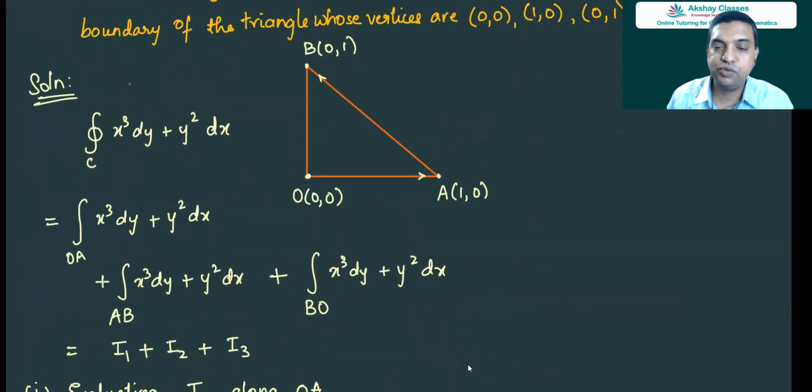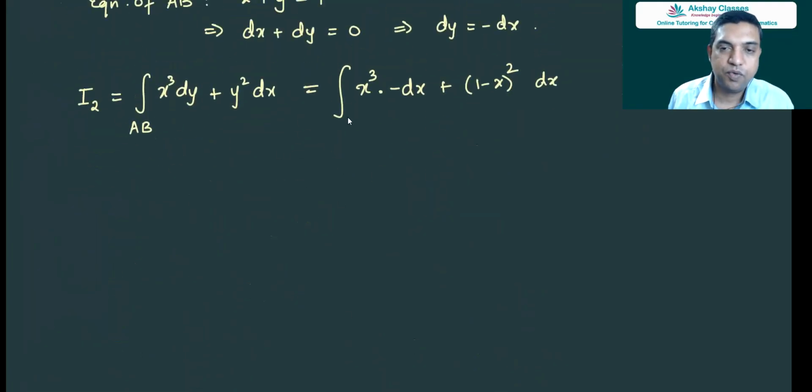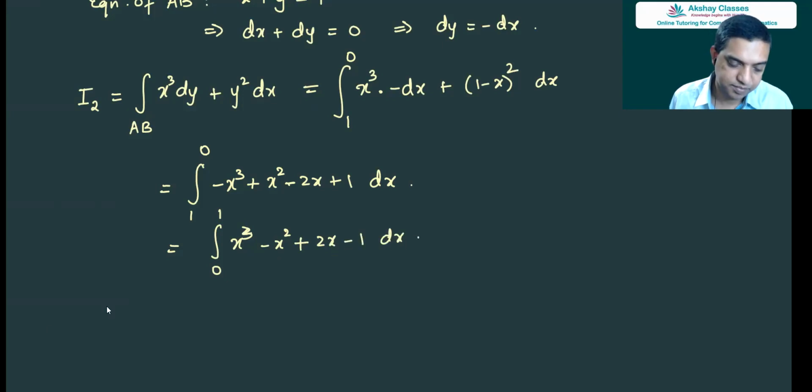So from 1 to 0, minus x cube plus x square minus 2x plus 1 dx. Interchange the limit, 0 to 1, x cube minus x square plus 2x minus 1 dx.